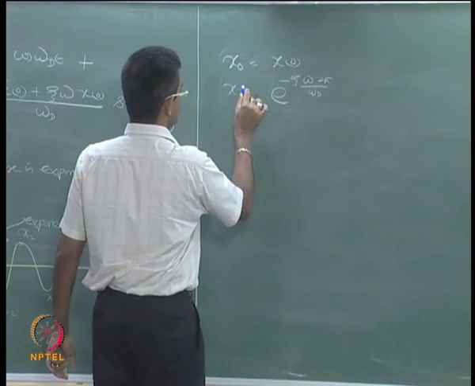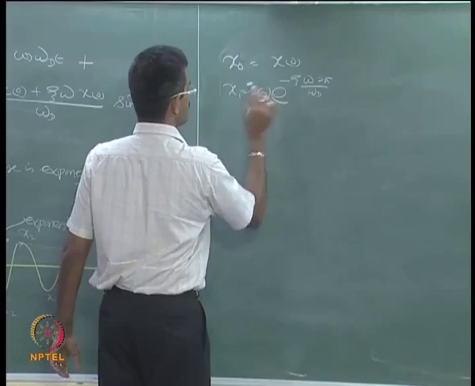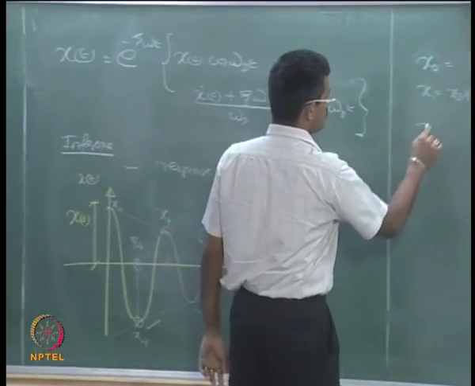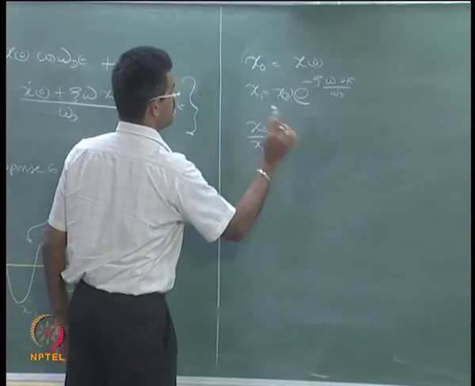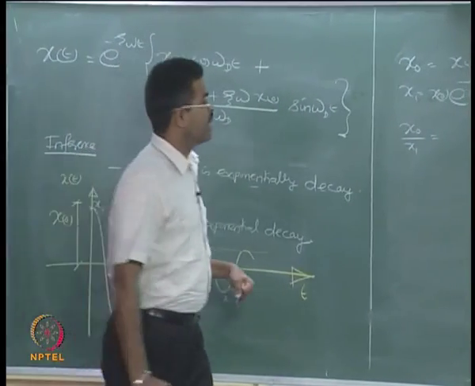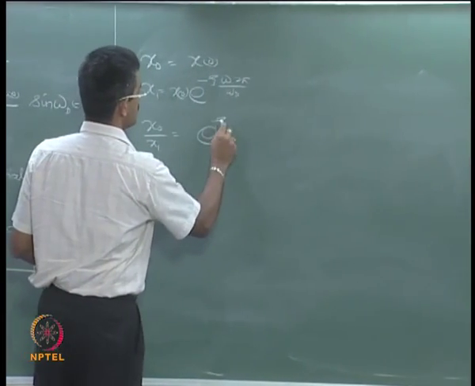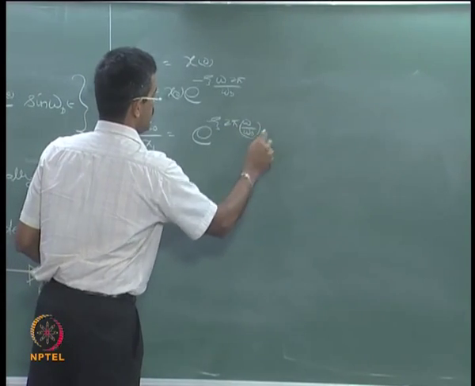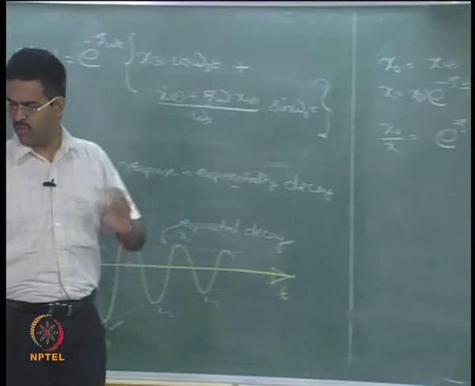Okay, let me put it here. So if I try to work out the ratio of the successive peaks, I get this as e to the power of zeta 2 pi omega by omega d. Is that fine? x0 will go away.